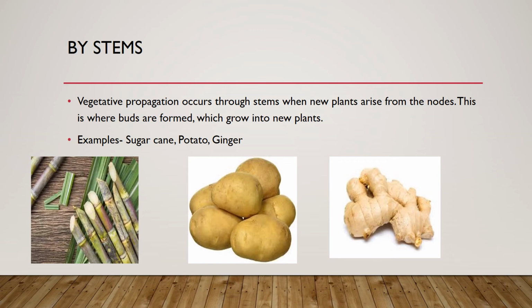On this node, a bud is formed and this bud grows into a new plant. Examples of stems which reproduce are sugarcane, potato and ginger. These stems store food in themselves and are responsible for reproduction in these plants.